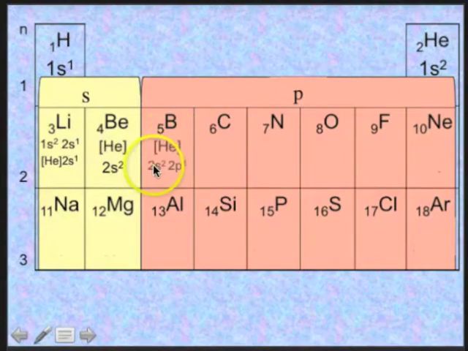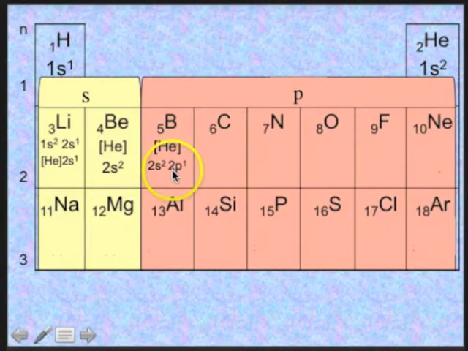Now we start filling in the p orbitals. The 2s orbital is now filled, and we start to fill up the three p orbitals in n equals 2. So that we have the helium core, 2s2, 2p1.